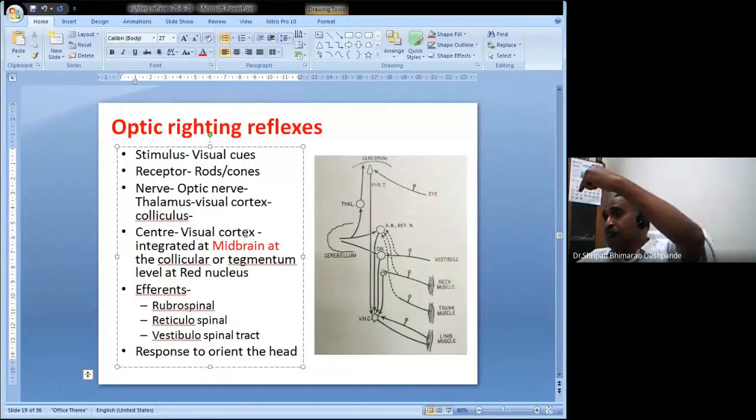When I move and my eyeballs also move in the same manner, that means it is the midbrain. Again, these tracts play a role. That is one component. The second component gives inputs to the third nerve nucleus, and from there the extraocular muscles move.